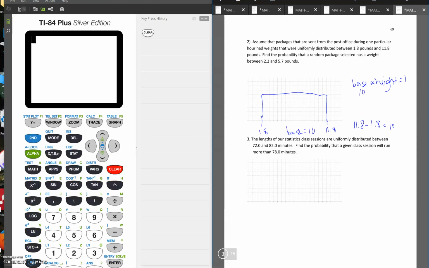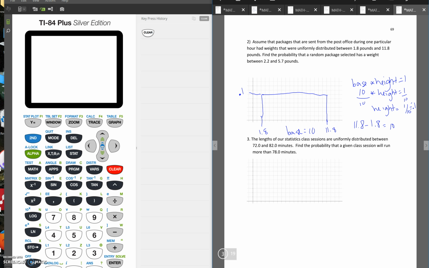So we have 10 times the height equals 1. Now we can solve for the height by dividing both sides by 10. So the height must be 1/10, or 0.1. So our height is here at 0.1.